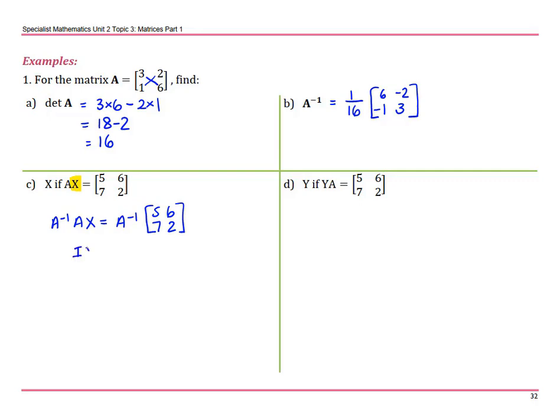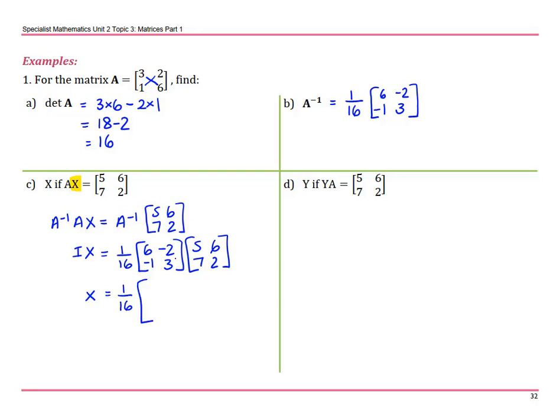So that means that the identity matrix times X is going to be equal to 1 over 16. So we're just going to plug in what the inverse of A equals. So on my left-hand side, I'm just left with my X. So it's 1 over 16.